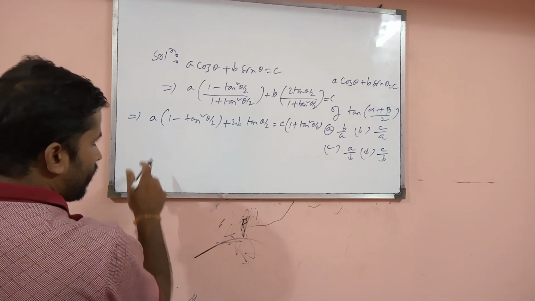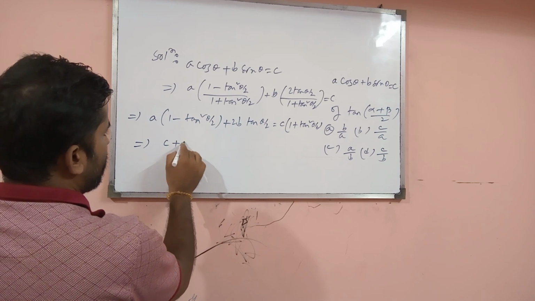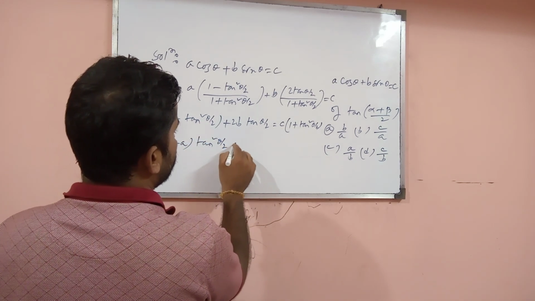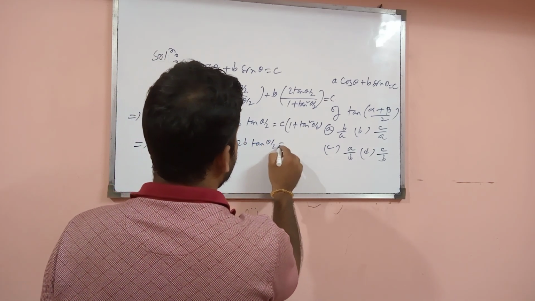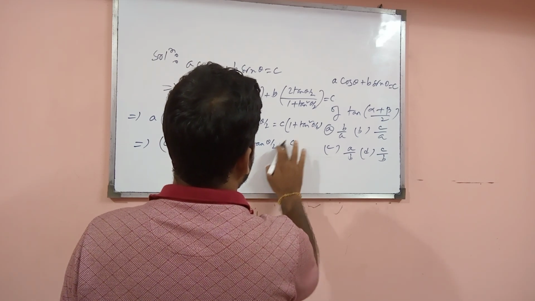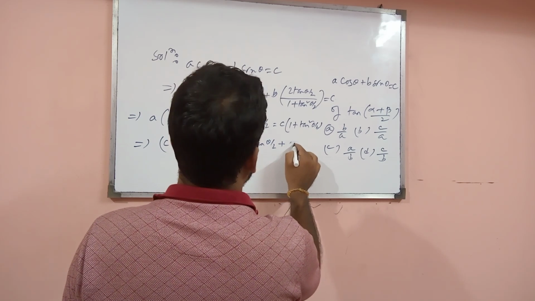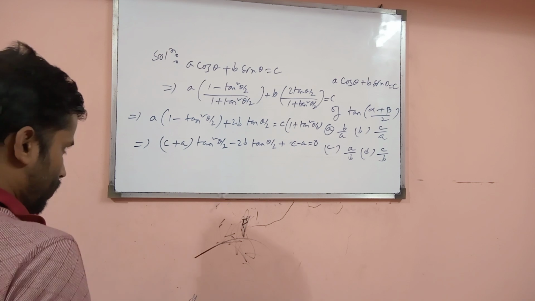On simplifying it, we shall get (c plus a) tan square theta by 2 minus twice b tan theta by 2 plus (c minus a) is equal to 0.